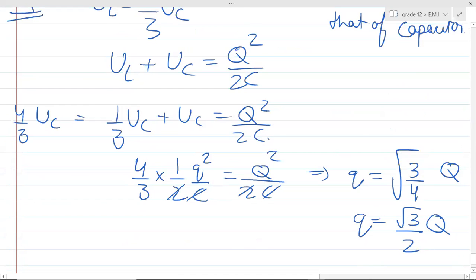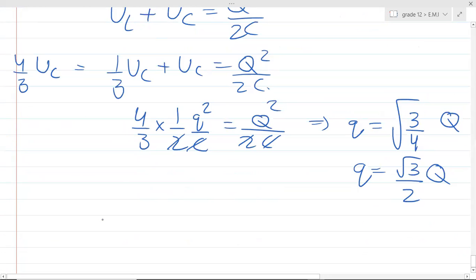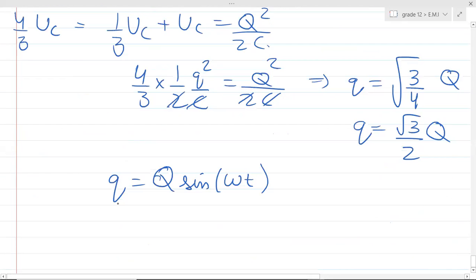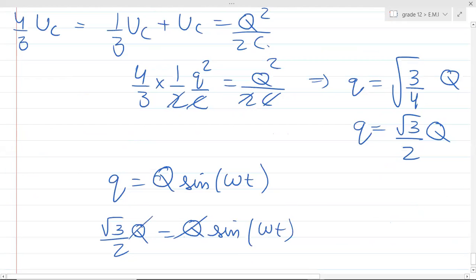And by the equation of charge we know this thing, q is equal to Q sine omega t. So from here I can write root 3 by 2 Q is equal to Q sine omega t. From here Q and Q will cancel, sin omega t is root 3 by 2, that implies omega t is how much?